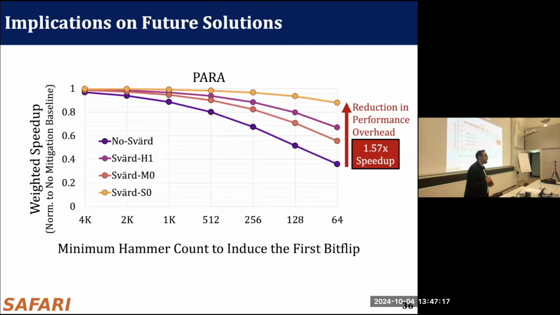Does the paper include what percentage of rows have, for example, the requirement of 46 as the minimum? Is it a small percentage or a big percentage? Yeah, so the weakest rows are actually a very small fraction.